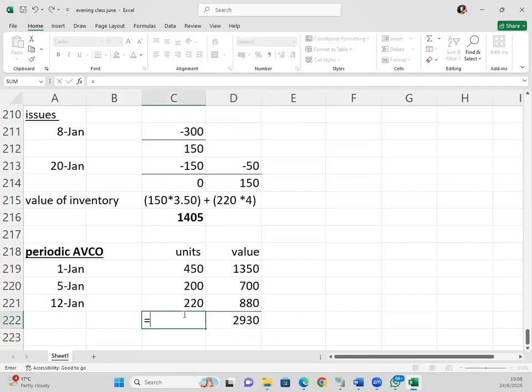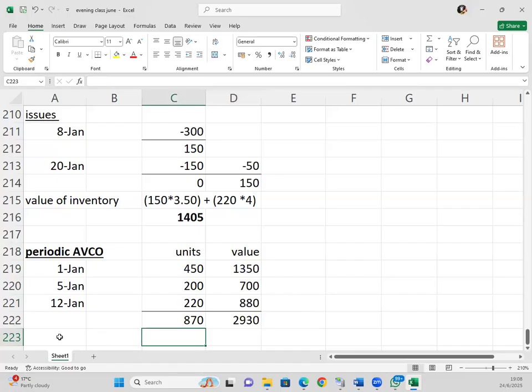But how many units did we buy in total? So we also add up the units we bought in total. We spent 2,930 and the units are 870.